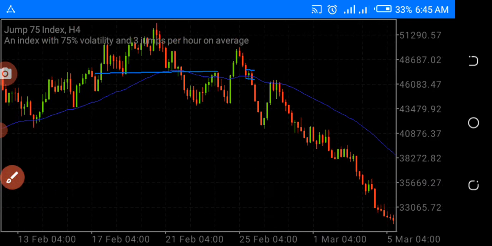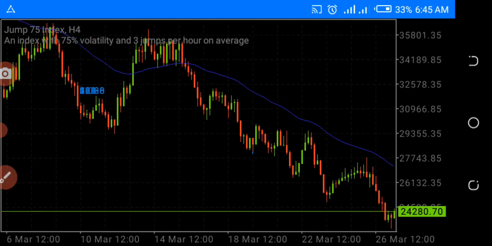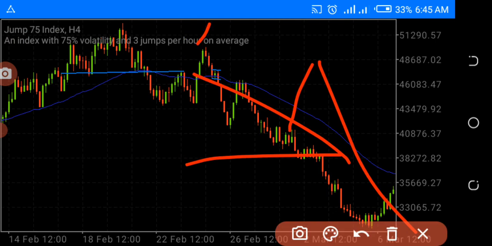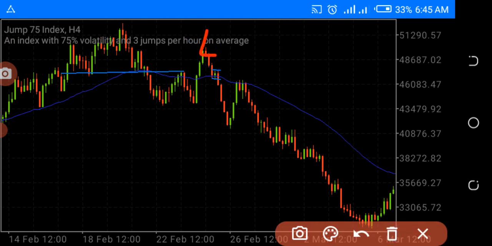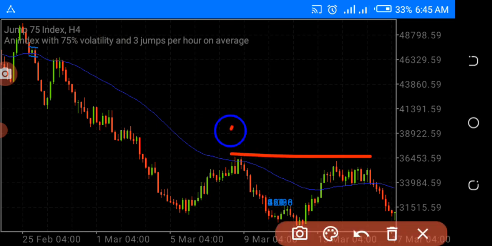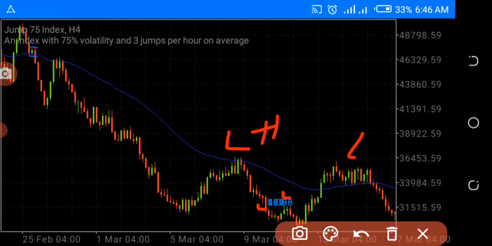It actually went down, giving us a what? A lower high and a lower low. A lower high, lower high, lower low, lower high, just like that, downwardly.